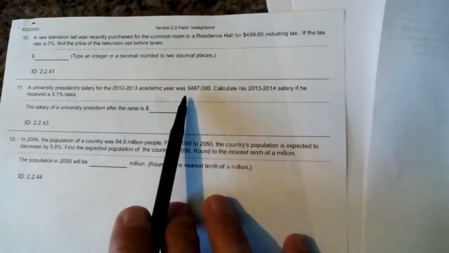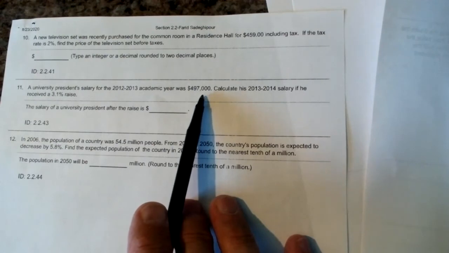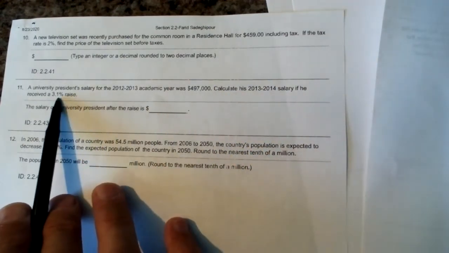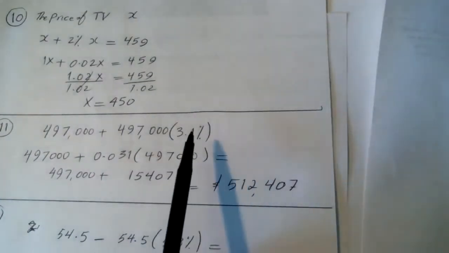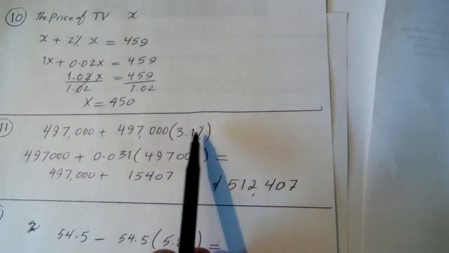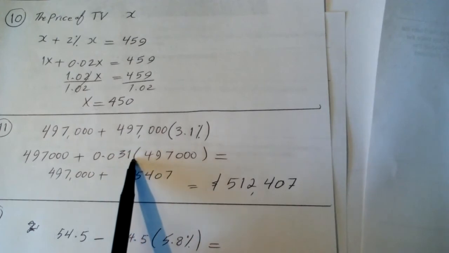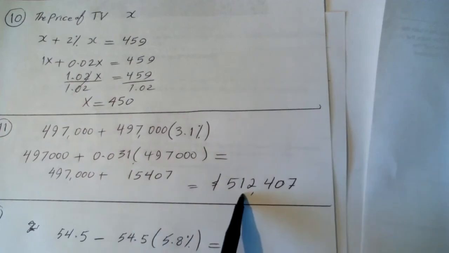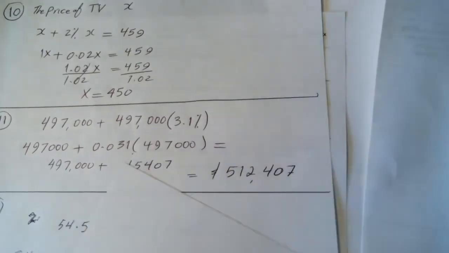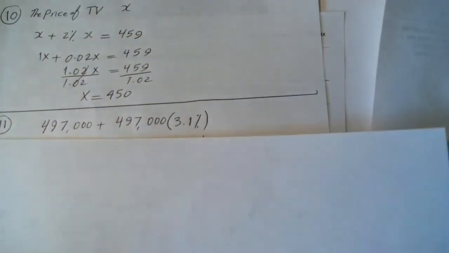The salary of the president is $497,000, with a 3.1% raise. What's the new salary? Remember, 3.1% is what? 0.031. You multiply that by this and then add it to that. Or what's the easier step to do?